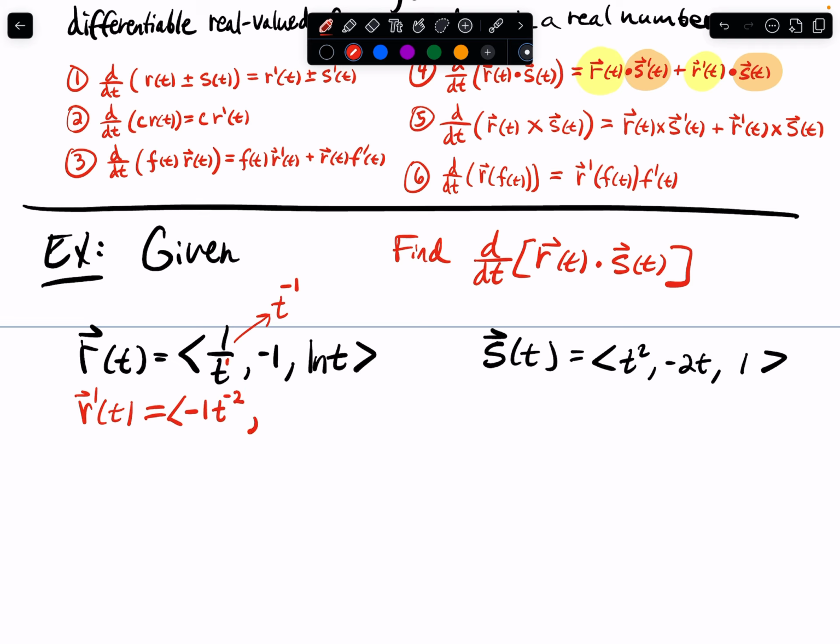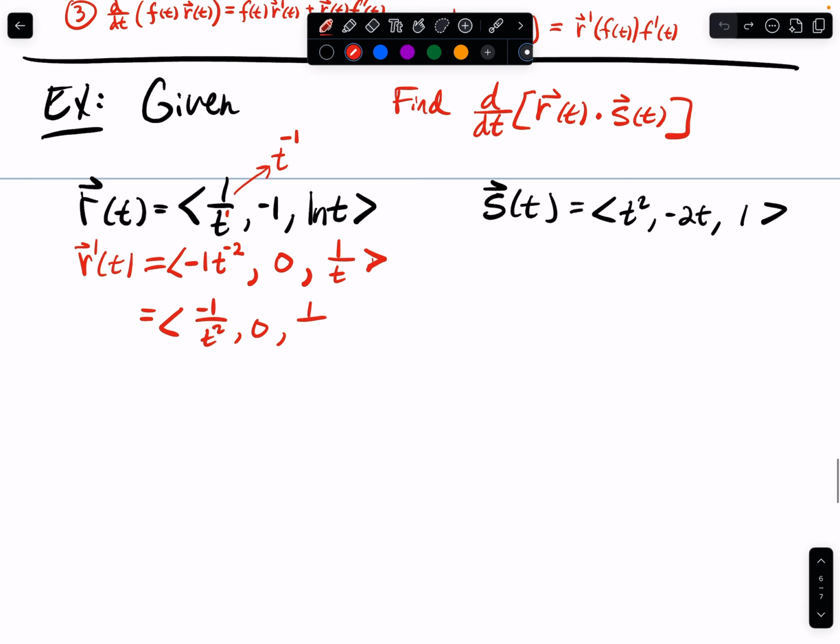The derivative of negative 1 is 0. The derivative of ln t is 1 over t, or you could write it as t to the negative 1. All right, so that is negative 1 over t squared, comma 0, comma 1 over t. Okay, so that's R prime.